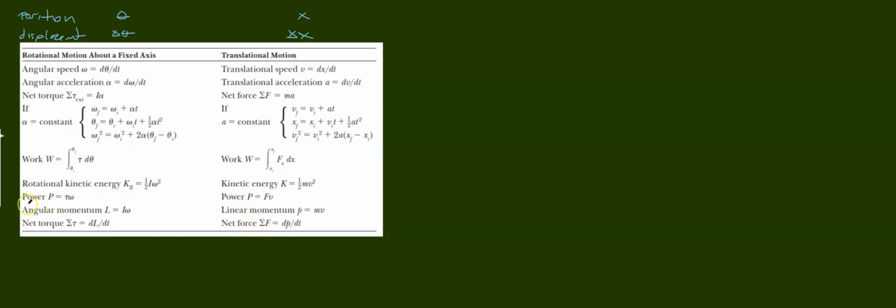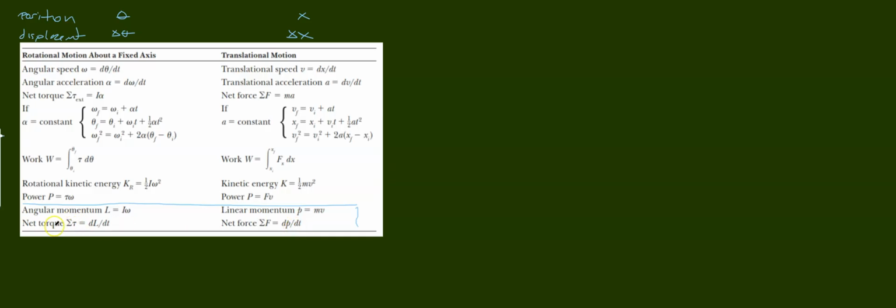And then these last two equations, this is the next chapter, but there is going to be an equivalent for linear momentum, mv, well, it's going to be I omega. And remember how the actual definition of force, according to Newton, the net force was a change in linear momentum with time.